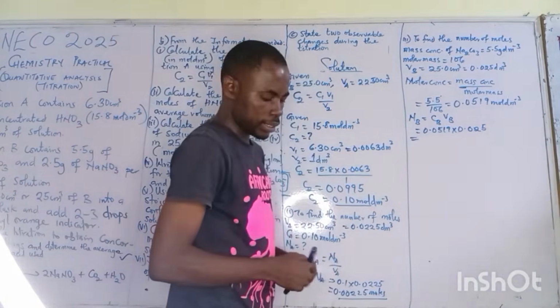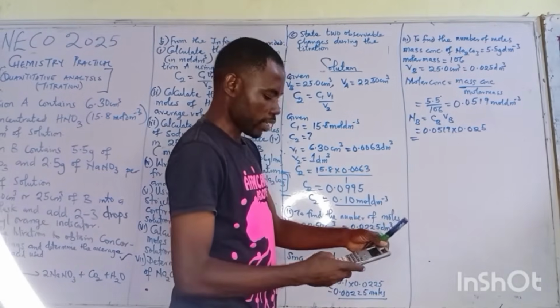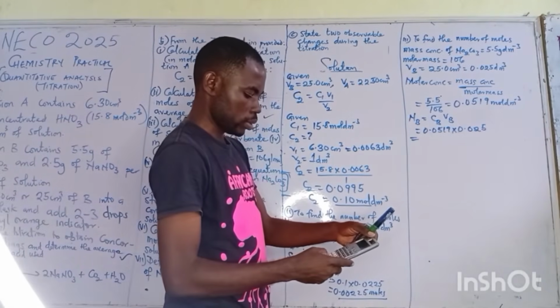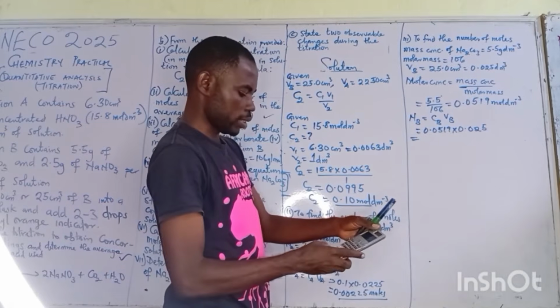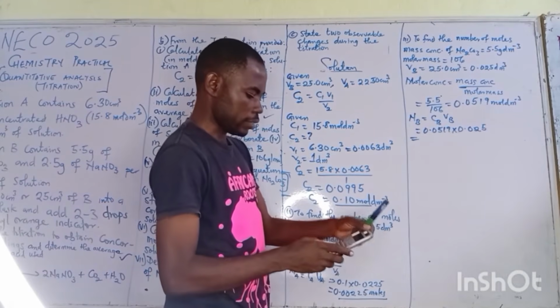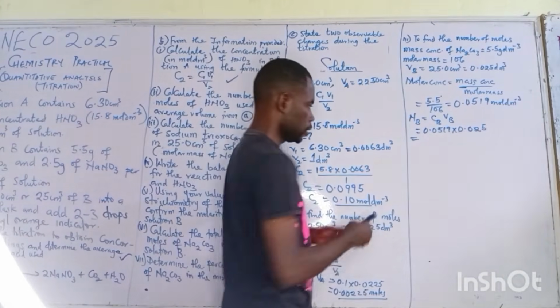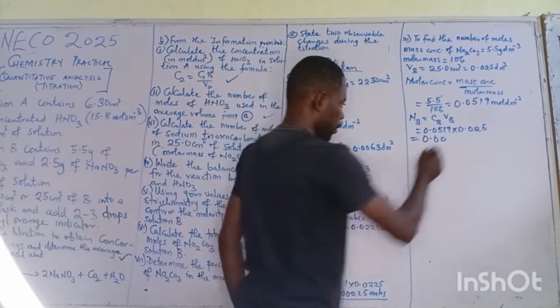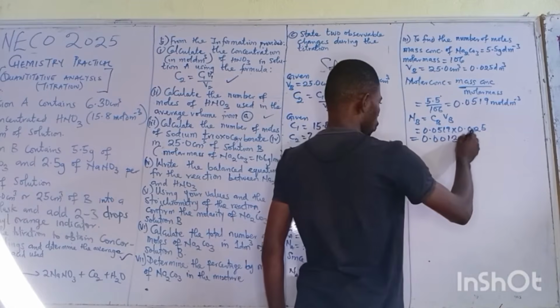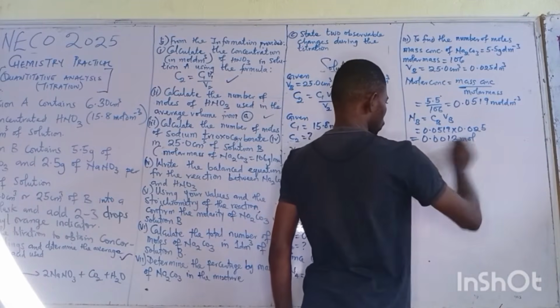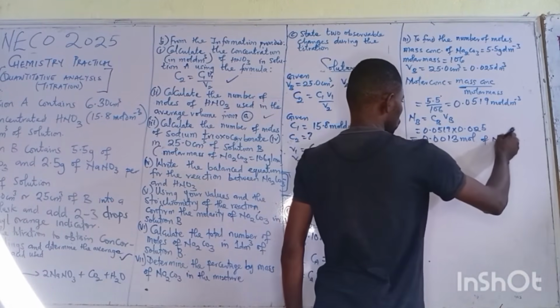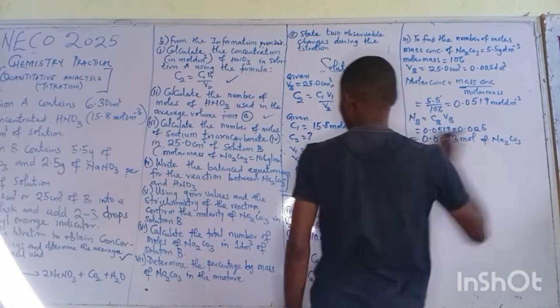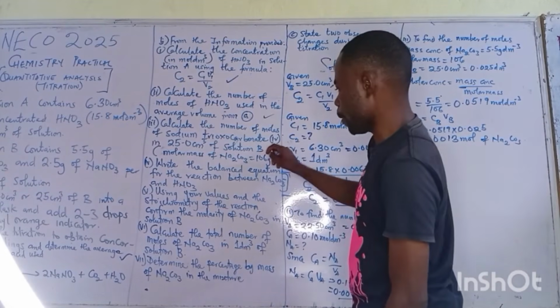So multiplying this answer with 0.025, I have 0.0013 as my mole for Na2CO3. So we have achieved this without wasting time.